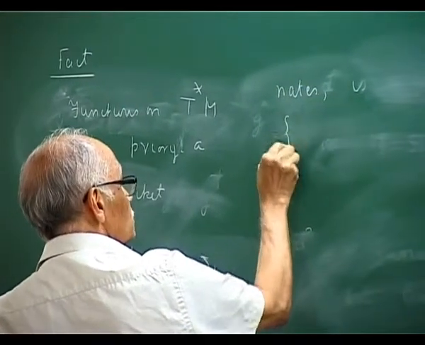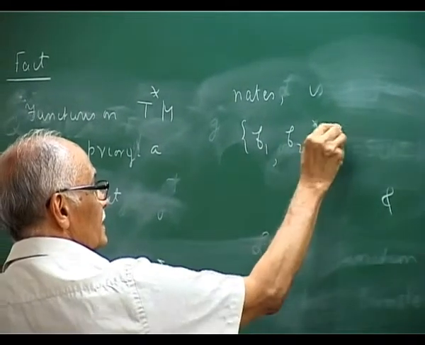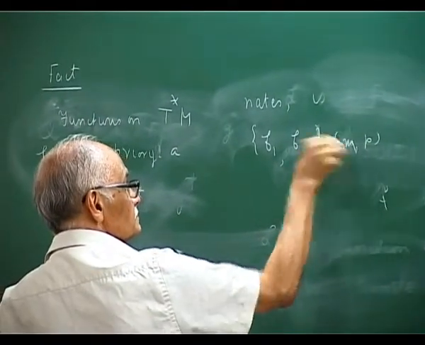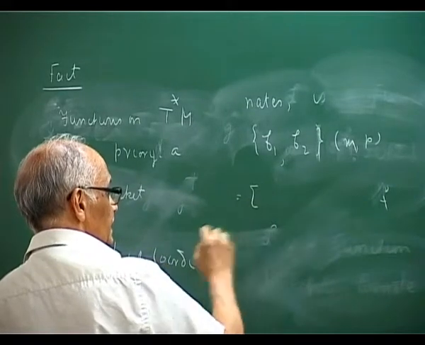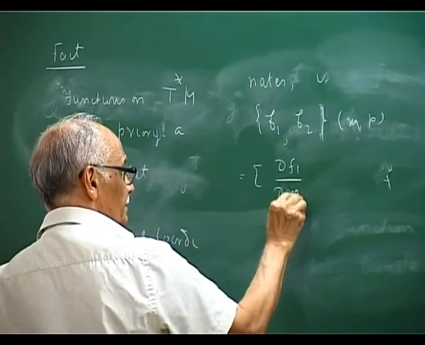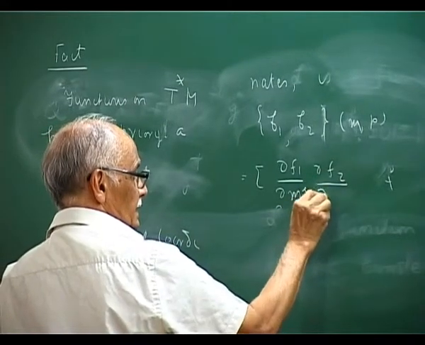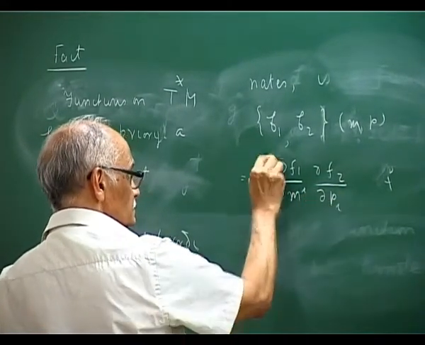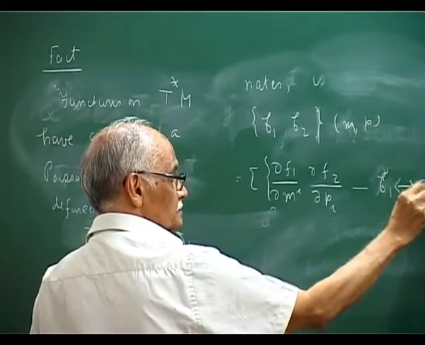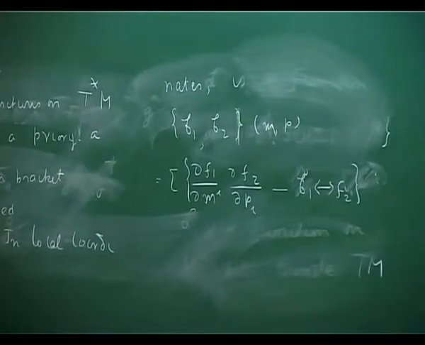If I take two functions f1, f2, the Poisson bracket at the point (m, p) is going to be, the usual thing, the summation of df1/dmi times df2/dpi minus the same with f1 and f2 exchanged.